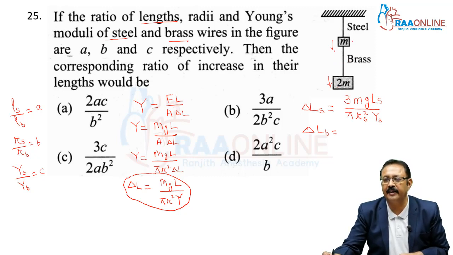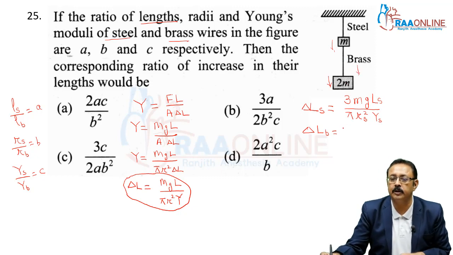This m cannot increase the length of the brass wire because only 2m is pulling the brass wire downward. So I am writing 2mg. Only this point you have to take care. Lb, pi rb square, into Yb.